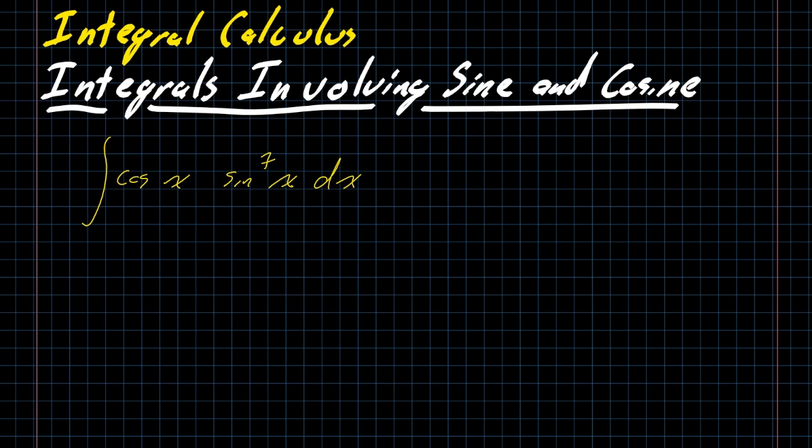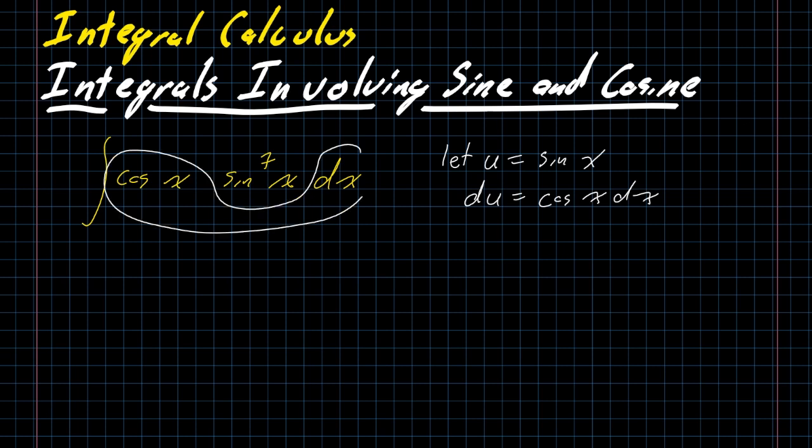I think that for most of you looking at this expression, your first instinct would be to let u equal sine of x and just see what happens. Well, in this case, du would be cosine of x dx.